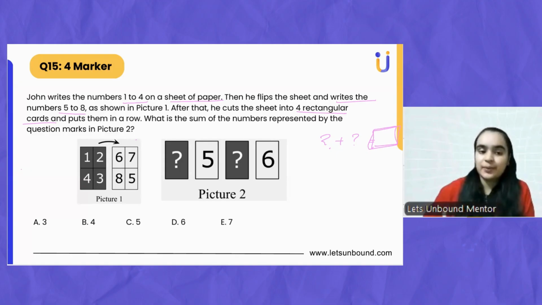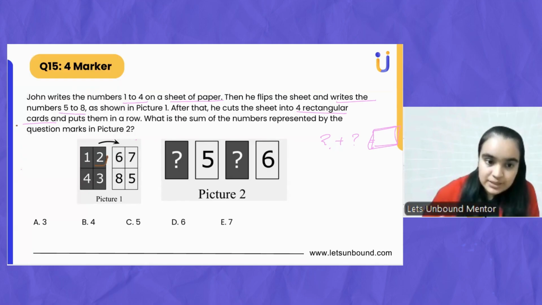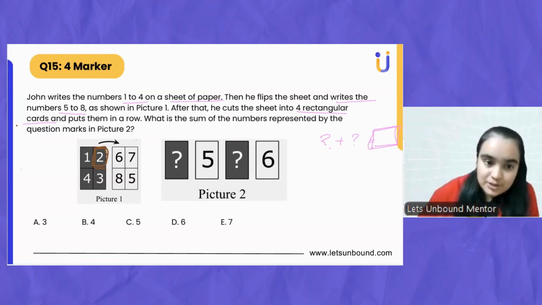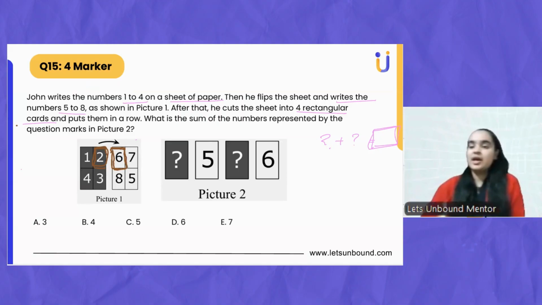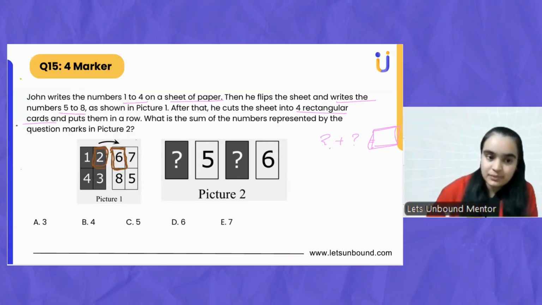The same thing we are going to apply over here as well. We can see number 2 is here, right? If we flip this paper, this location will be over here. So basically, just behind this number 2, we have number 6.